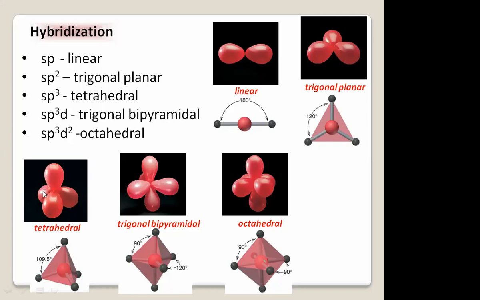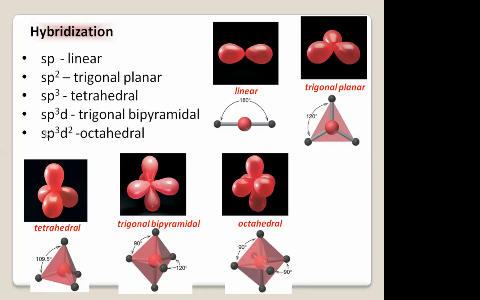Then, in sp3 hybridization, you have a tetrahedral structure, and the angle between the central atom and the terminal atoms is 109.5 degrees, that is, 109 degrees 28 minutes.